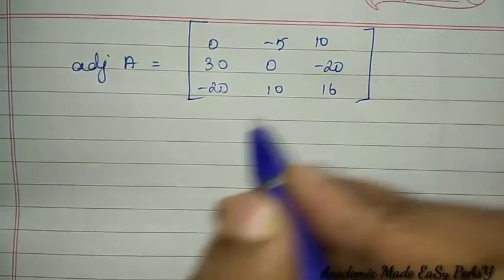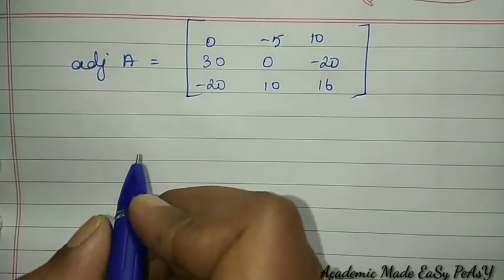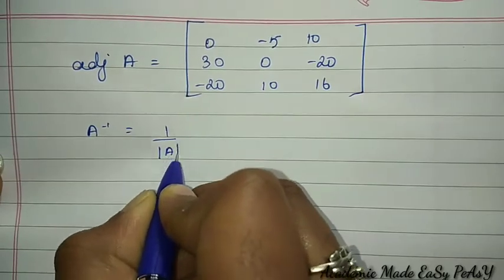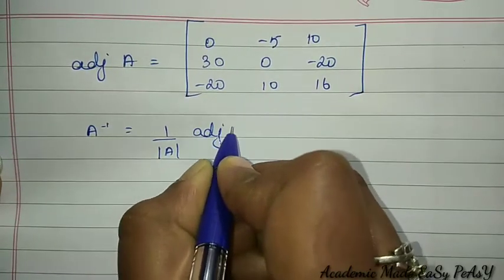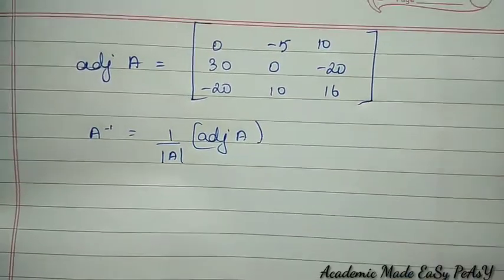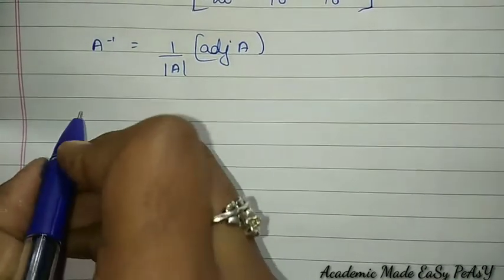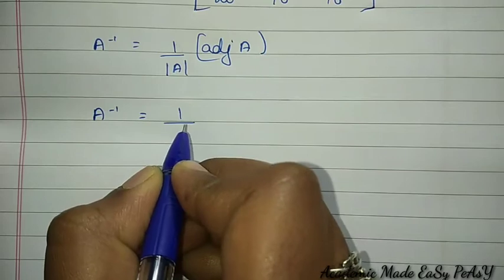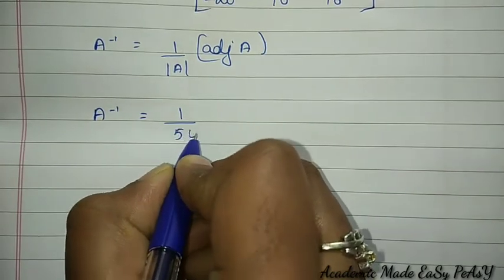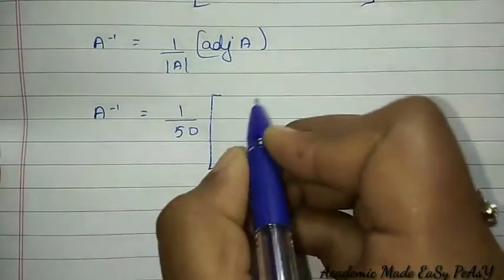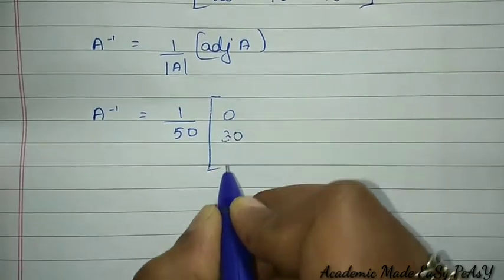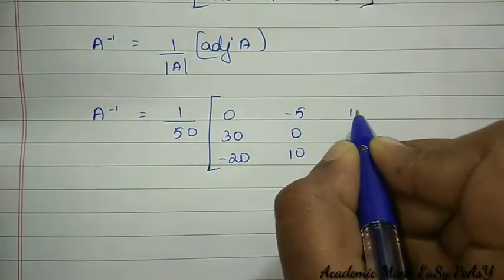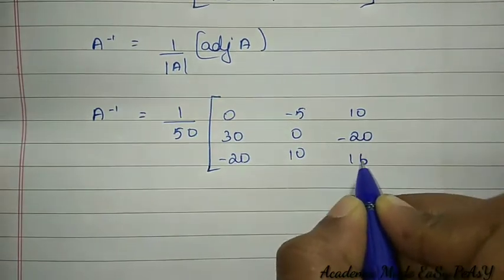Now this is my adjoint of A. So my A inverse is equal to 1 by determinant of A into adjoint of A. So A inverse is equal to, what was my determinant A? It was 50, into adjoint of A, which is 0, 30, minus 20, minus 5, 0, 10, 10, minus 20, 16.